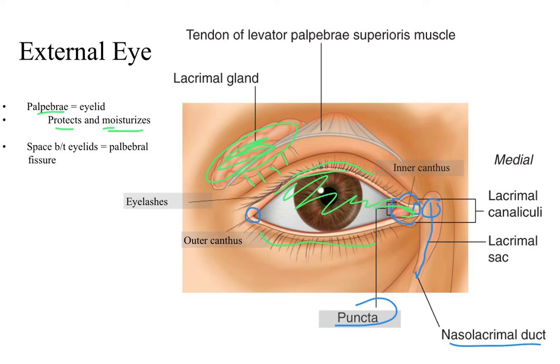All right, the space between the eyelids, whether it's open or closed, is called the palpebral fissure. One more thing to point out is that attached to the eyelid right here is the tendon of the levator palpebrae superioris muscle, and this is a muscle that's responsible for contracting and opening the eyelid, which then opens our eyes so that we can see.